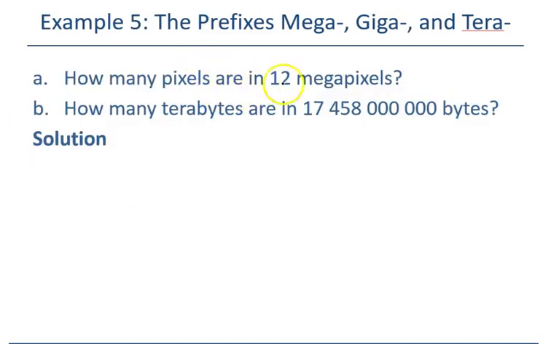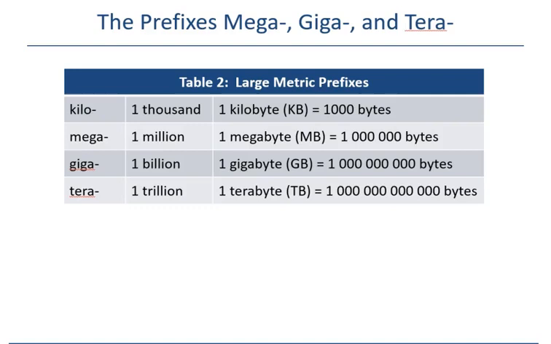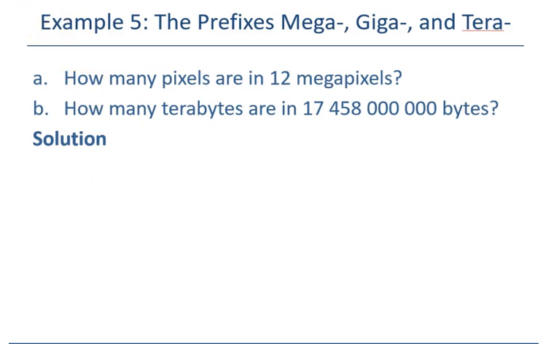So how many pixels are in 12 megapixels? Well, let's look back over here at mega. What does mega mean? Mega means 1 million. So if we're going to have 1 million, we can come here and go, okay, well, 12 megapixels.